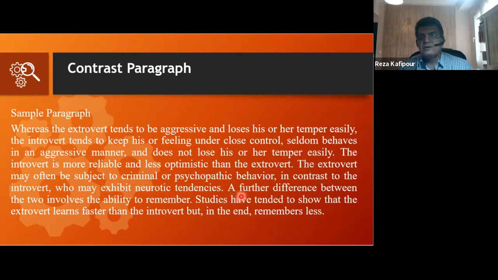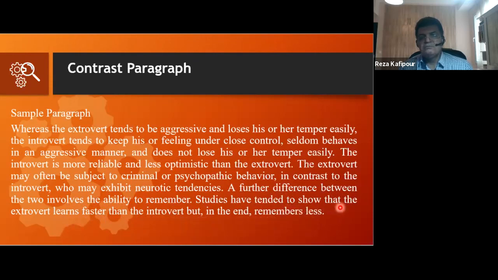Let's see the next major supporting sentence. A further difference between the two involves the ability to remember. So "difference between", similar to "similarities between", is another structure. Studies have tended to show that the extrovert learns faster than the introvert, but in the end, remembers less.